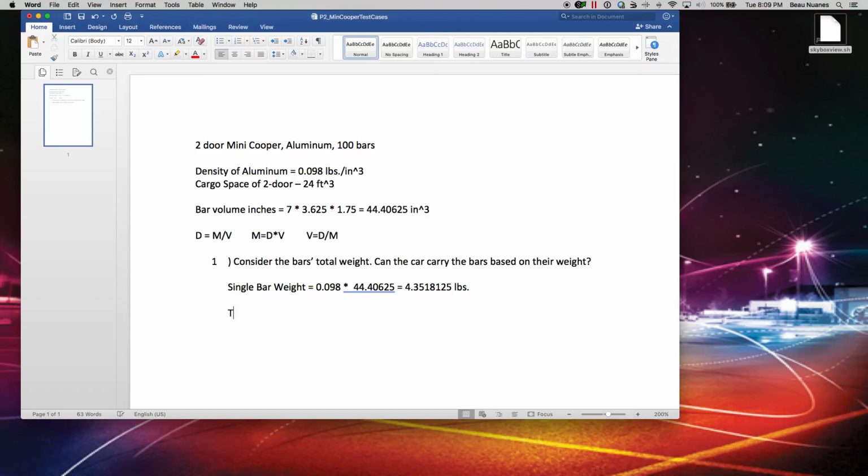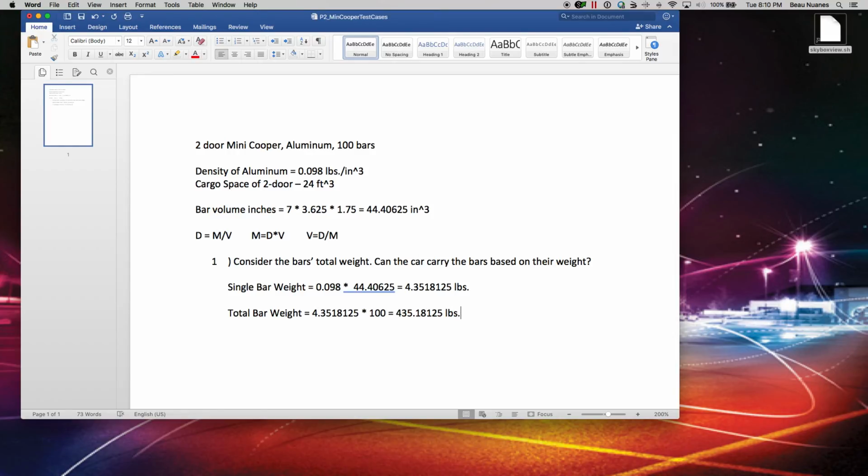So then what's the total bar weight? We just multiply that by the number of bars, right? Total bar weight is going to be equal to that number times 100, which is going to be 435.18125 pounds.